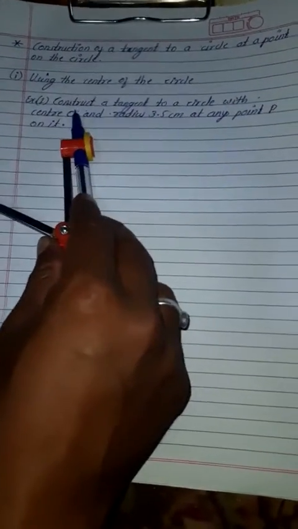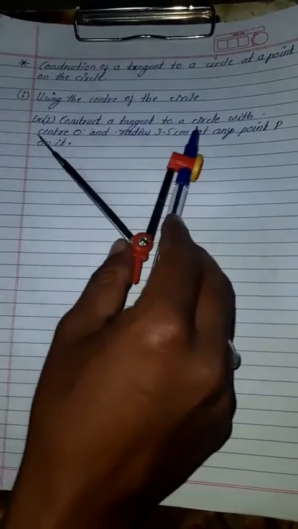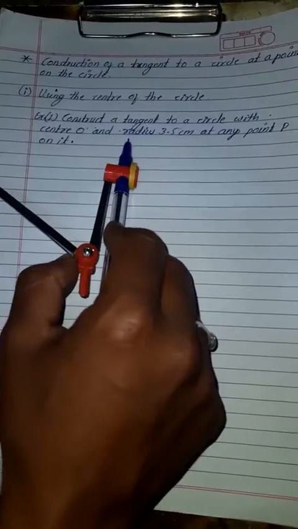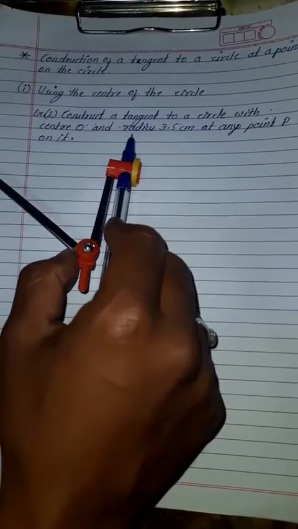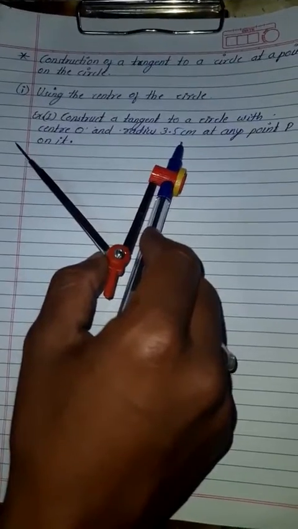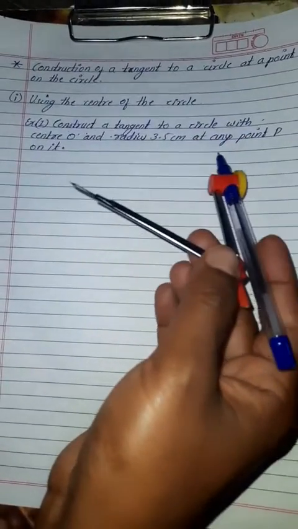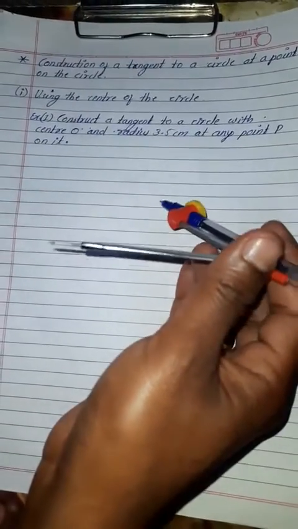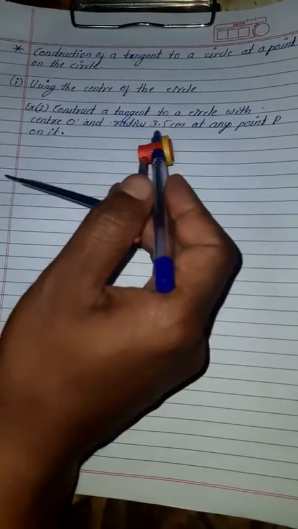So what is given? We have to construct a circle, and for that circle we have to construct a tangent. So here radius is given 3.5 centimeter and we have to take any point P on it. So one by one we are going to draw. First we will draw a circle with radius 3.5 centimeter.